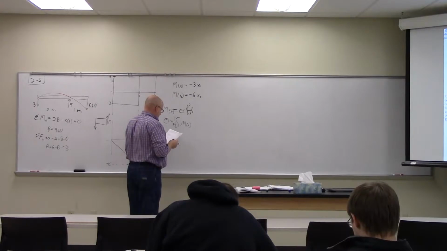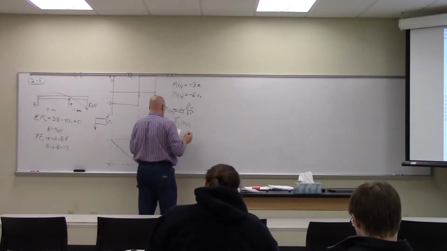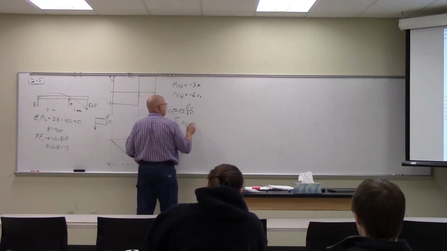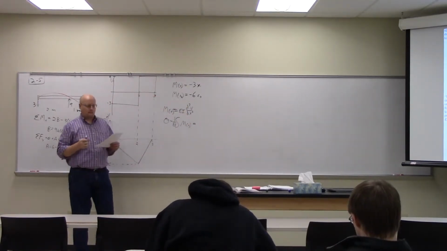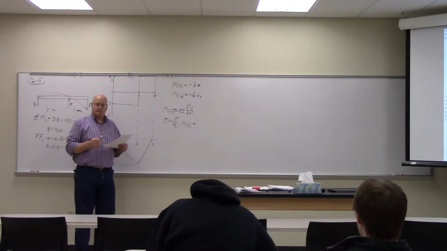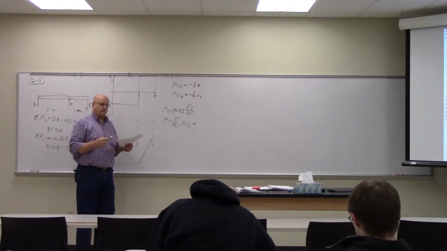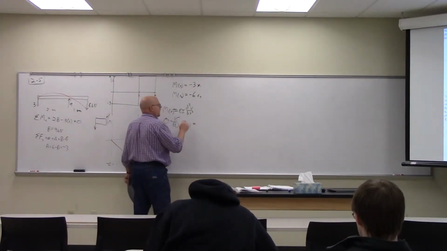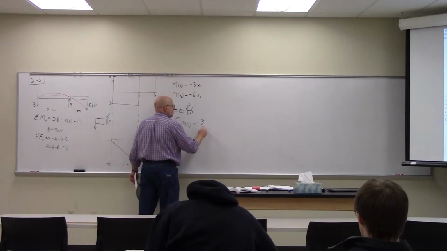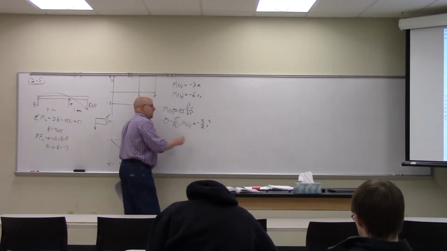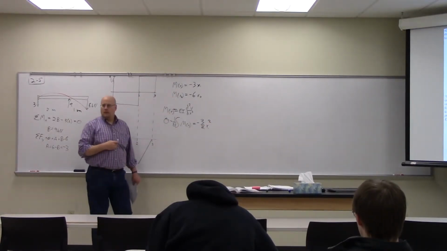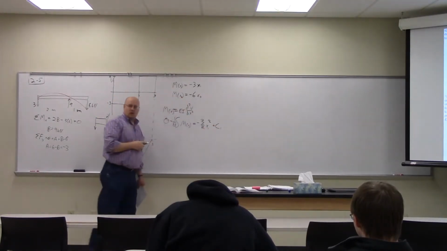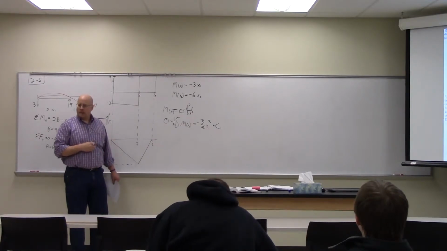So what's the integral of m of x? It's minus 3 over 2 x1 squared, plus c1. And we have a constant of integration, right?